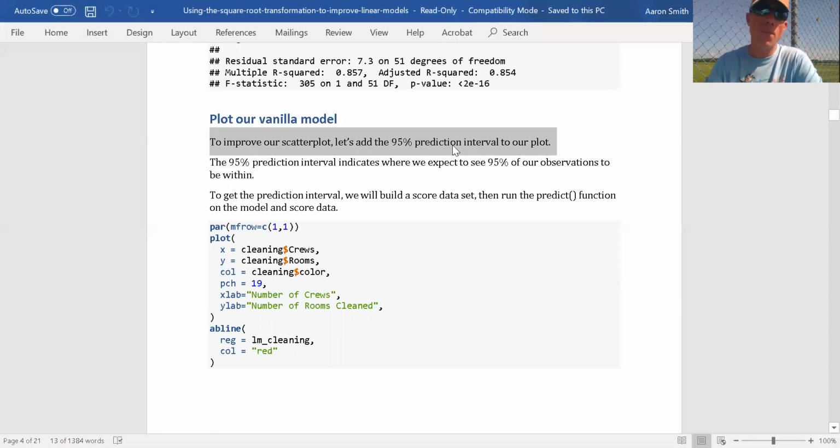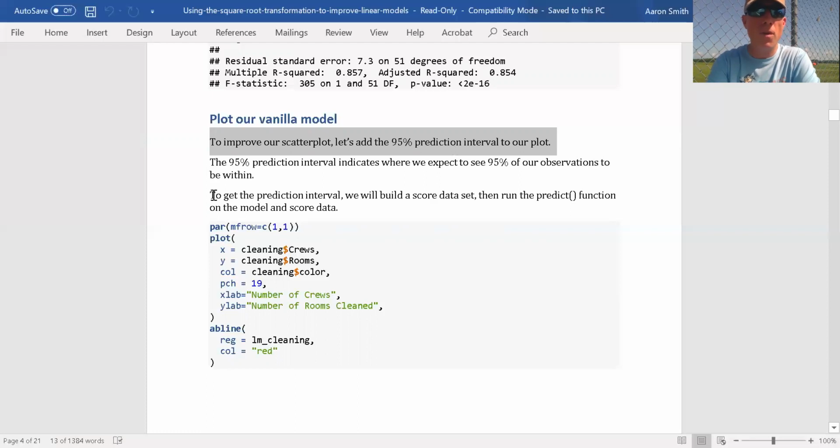Under the assumptions of linear regression, if the model is correct, for each given X value I have an interval where 95% of my observations would land if I kept on collecting data, and that is our prediction interval. So 95% of the observations for the given X will be within that certain width. Now, this does not tell me about the expected value. So this is not a confidence interval. This is a prediction interval.